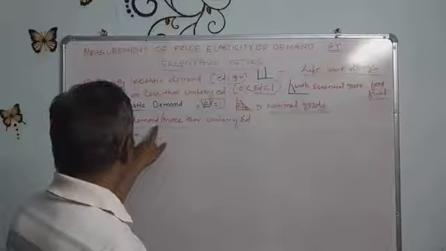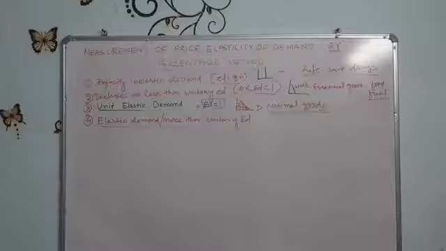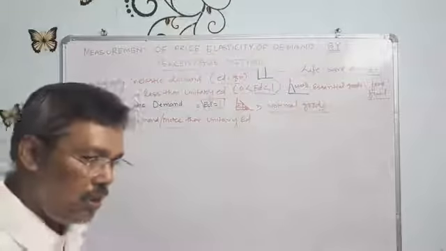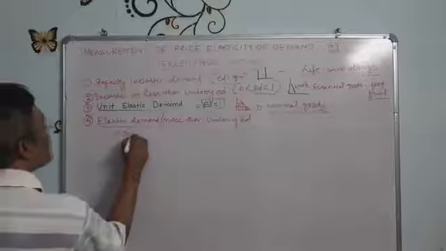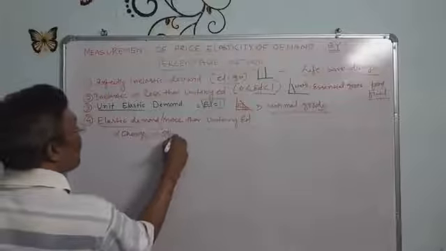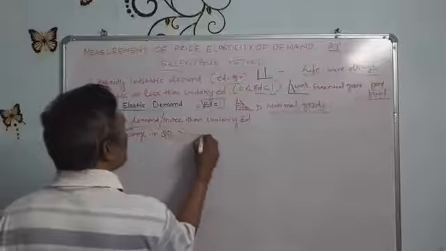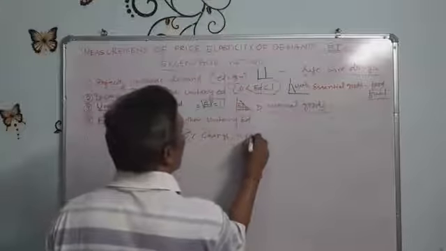As it is more than unit elasticity of demand, this means whatever the change in the price, the quantity demanded will change more, or we may say that the percentage change in quantity demanded of good X will be more than the percentage change in price of good X.